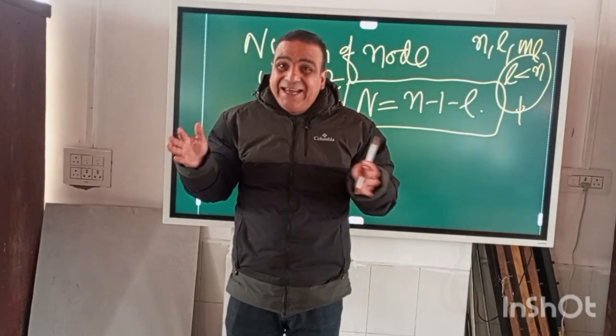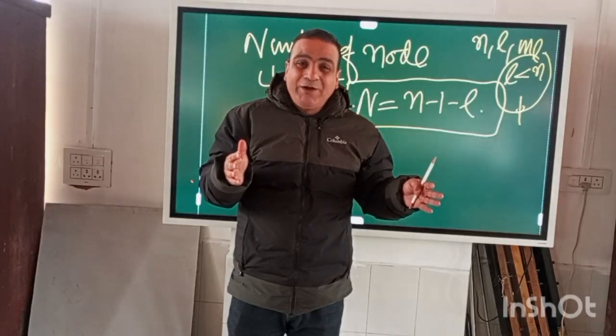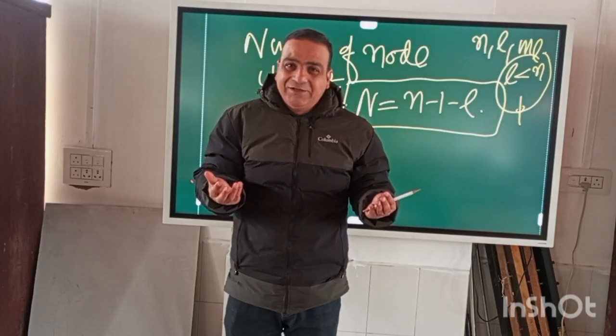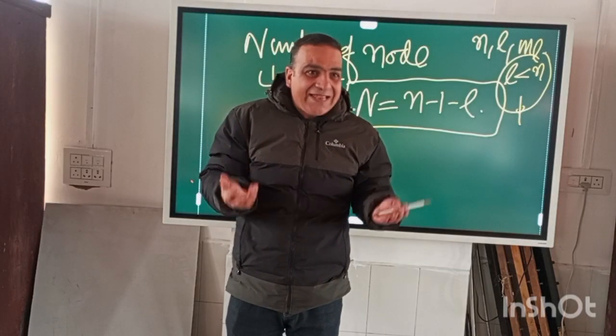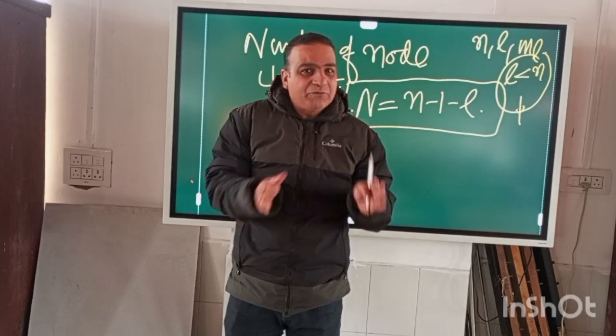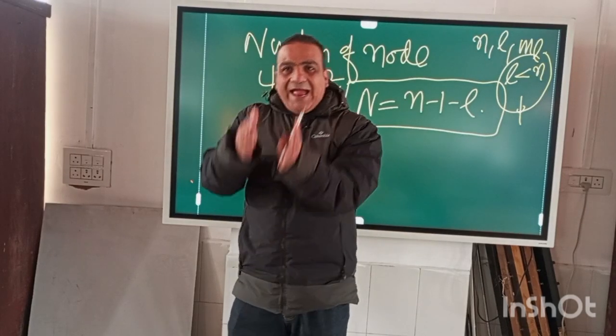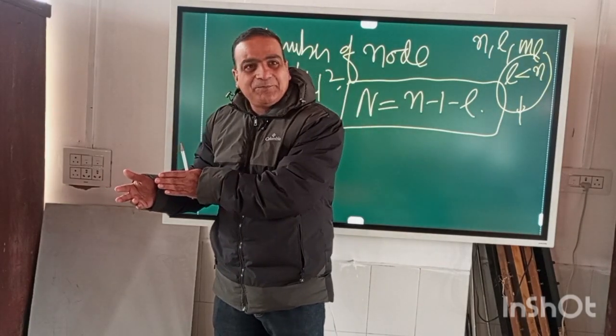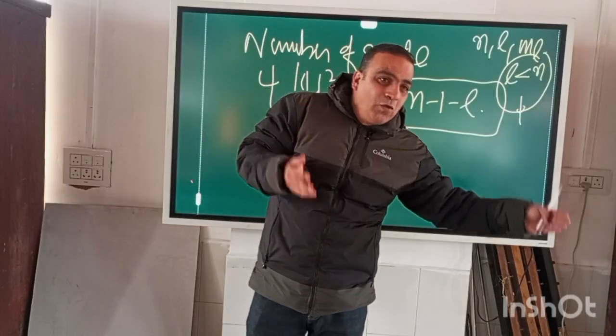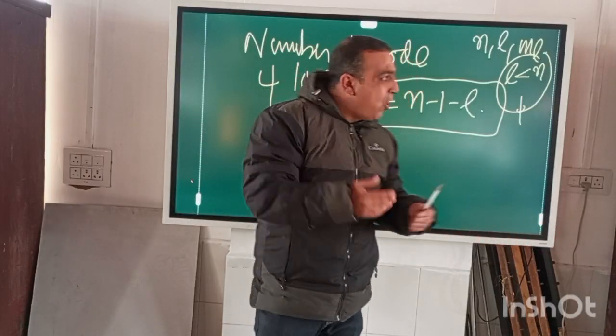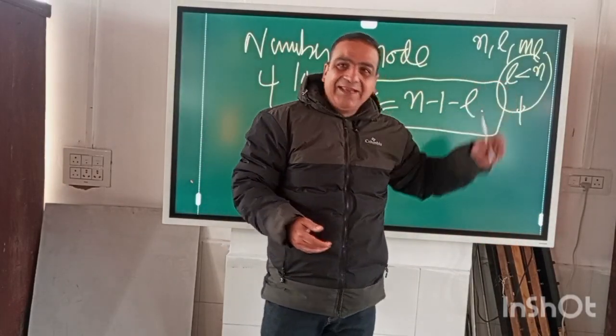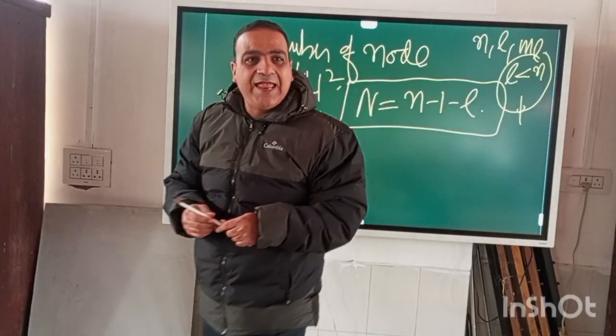So it is quite natural to have l less than n, because for n you have both kinetic energy as well as potential energy, and for l you have kinetic energy alone. So that can be an argument for why l is less than n.